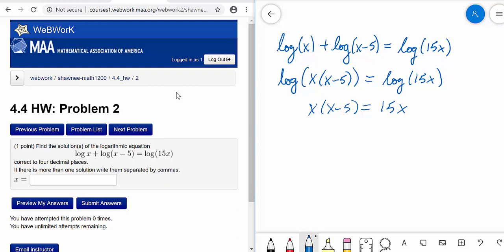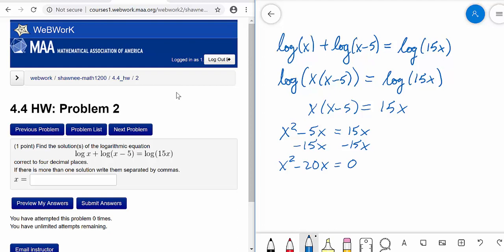So this would be, on the left-hand side, x times x is x squared, x times minus 5 is minus 5x, that equals 15x. And then I'm going to subtract 15x from both sides to put everything on the left-hand side. So I get x squared minus 20x equals 0.